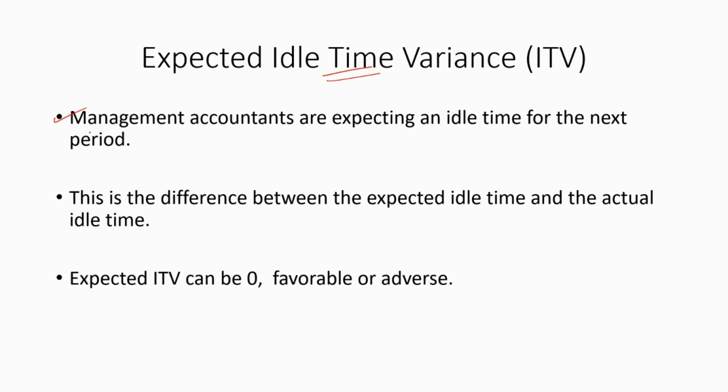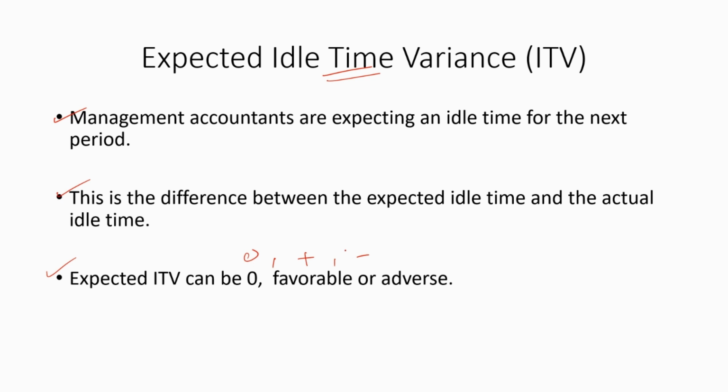This is the difference between the expected idle time and the actual idle time. Expected idle time variance can be 0, favorable or adverse, which means it can be 0, a positive value, or a negative value.